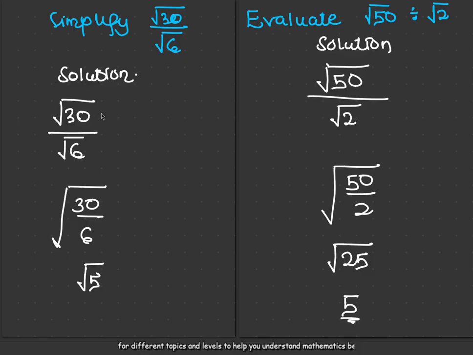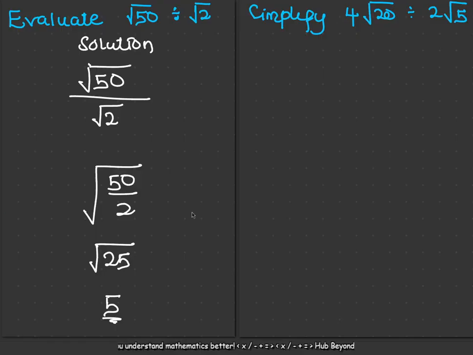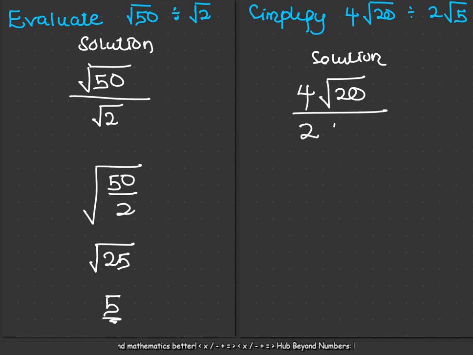You realize that sometimes there are coefficients. Unlike these 2 examples we've done, which have no coefficient, let's take one that has coefficients so we see how it's going to be. In this new question, unlike the previous ones, we have coefficients. How do we apply the quotient rule to solve this? We have 4 root 20 all over 2 root 5.